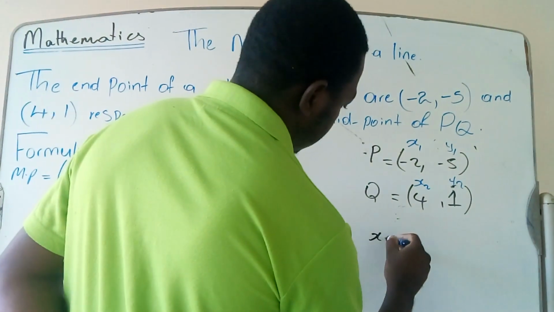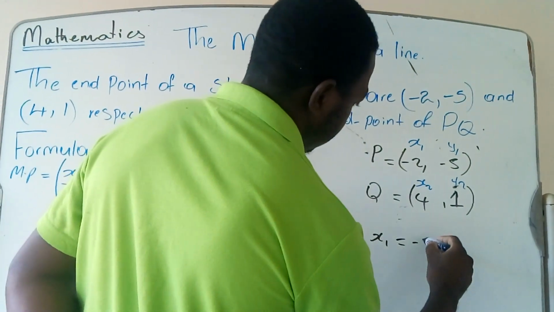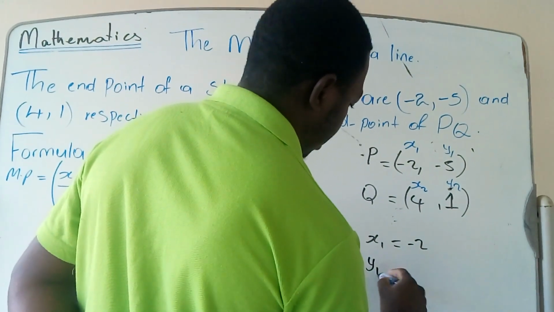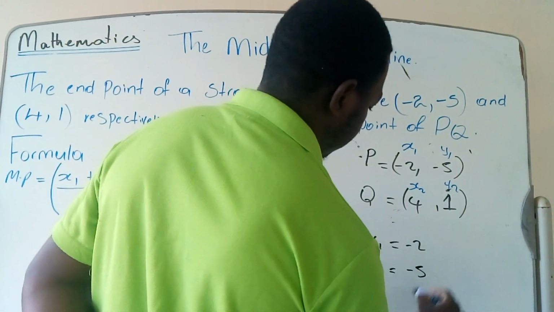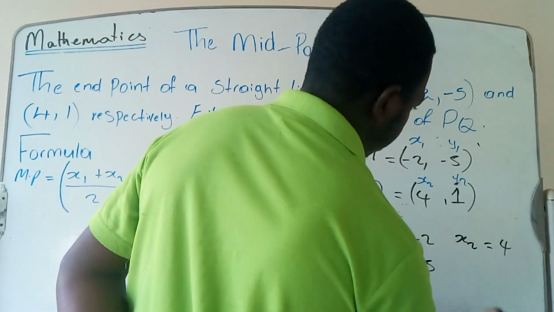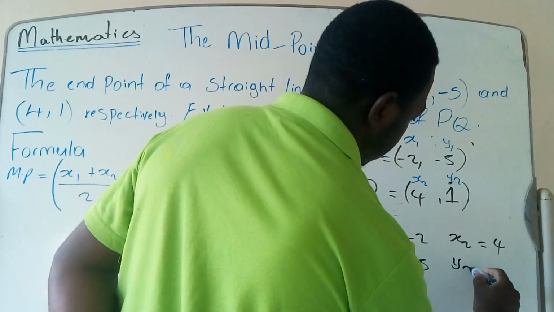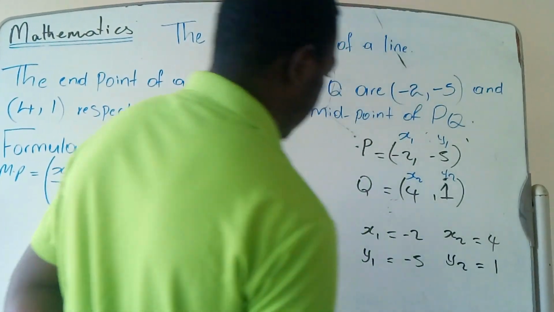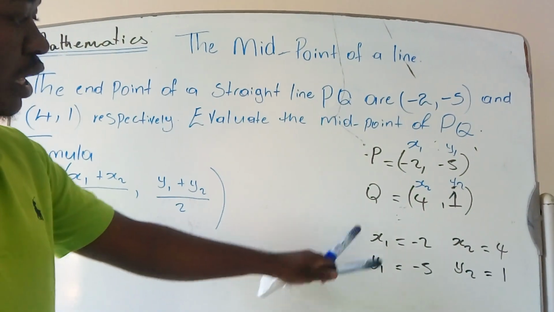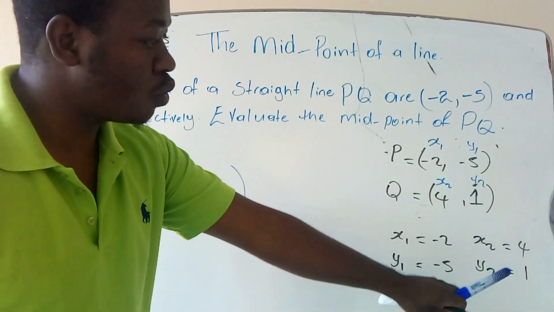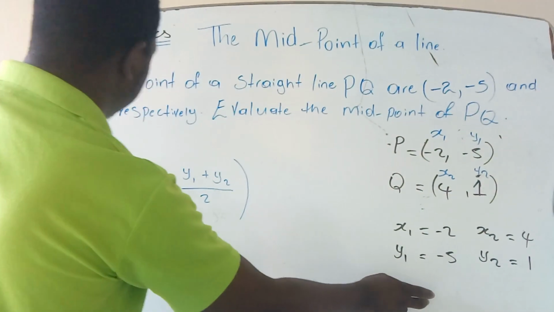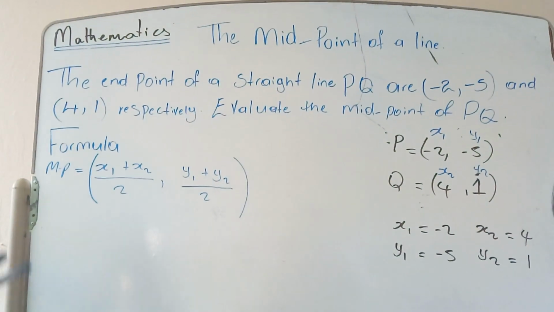So x1 is equal to -2, y1 is equal to -5, x2 is equal to 4, and y2 is equal to 1. Now that we are clear on each of the values for x1, y1, x2, y2, we can simply replace these values in the formula on this side.